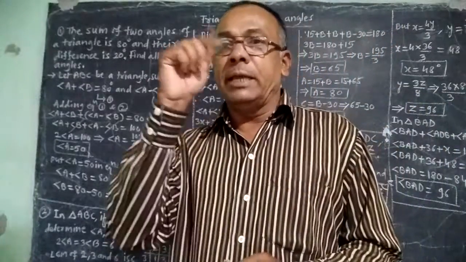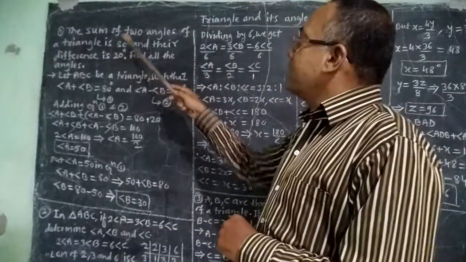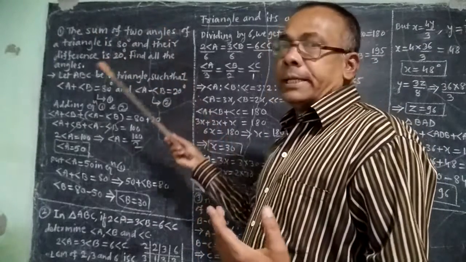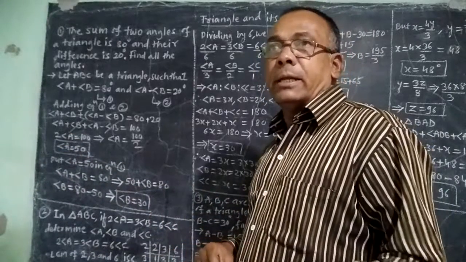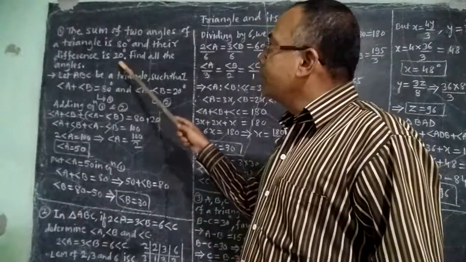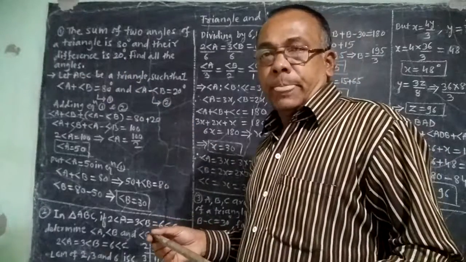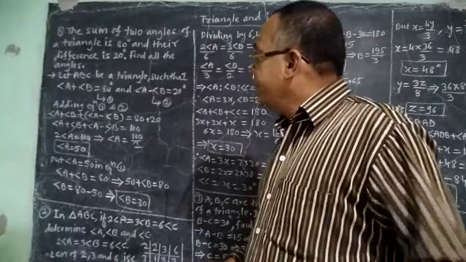Means if triangle ABC is given, then the sum of the two angles, that is angle A plus B, is equal to 80 degrees, and the difference of those angles, that is angle A minus angle B, is equal to 20 degrees. Then we have to find the actual measure of angle A, angle B and angle C.